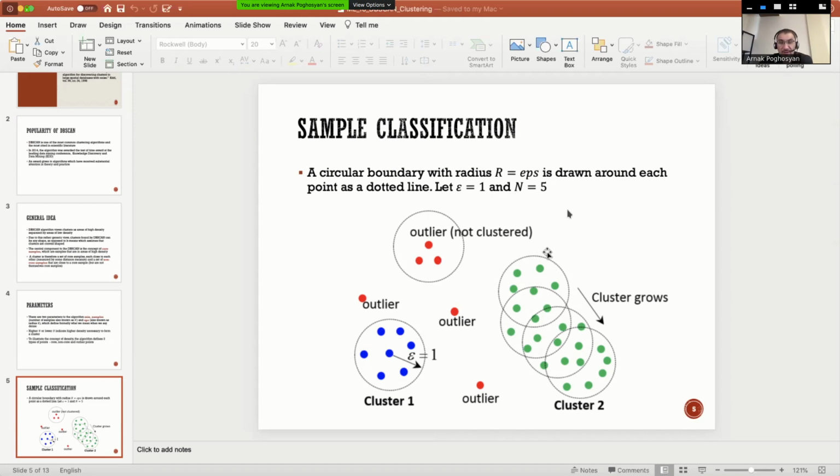So when you have 5 observations, you have core points and you are composing a cluster. These 2 clusters are separate. We will understand further how we are separating different clusters. But if you have some points in a sparse region, because you are not able to find 5 neighbors within the corresponding circle, you are labeling them as outliers and you are not clustering them.